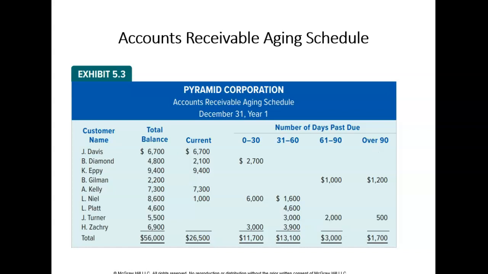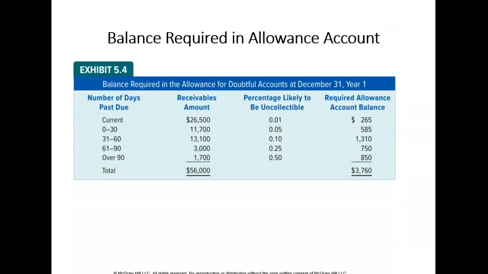Perhaps you're asking, why do we break it down into what we call different aging categories? I'm glad you asked that question. The reason is, as an account becomes older, the harder it becomes to collect. So now we're going to assign a percent to each aging category, but notice it's a different percent.